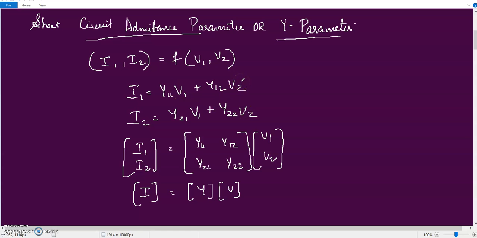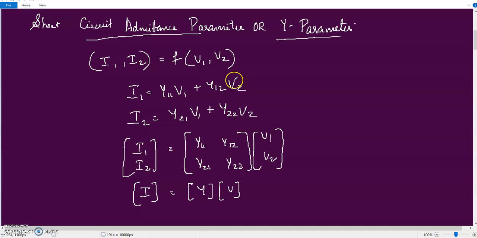When V2 is equal to 0, we can get Y11 and Y21. And when V1 is equal to 0, we can find Y12 and Y22, as we did in the Z parameter. That means V2 is 0 when the output is short circuited. We'll see it in detail as two cases.